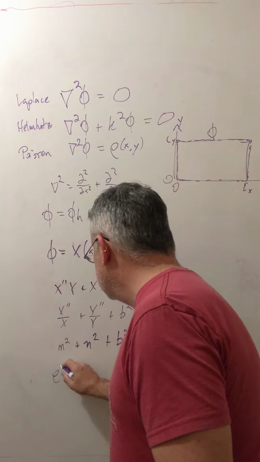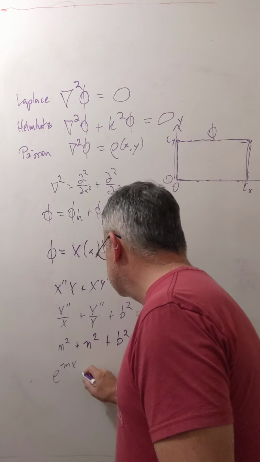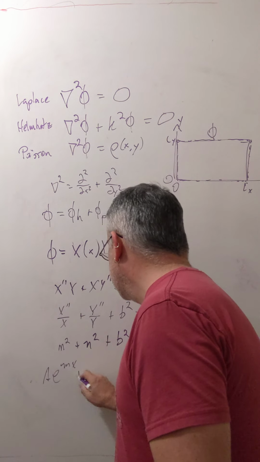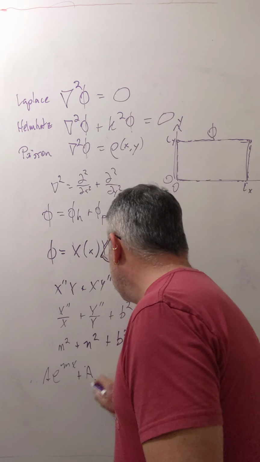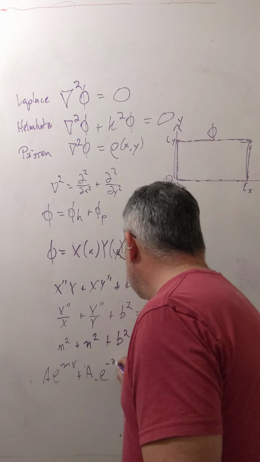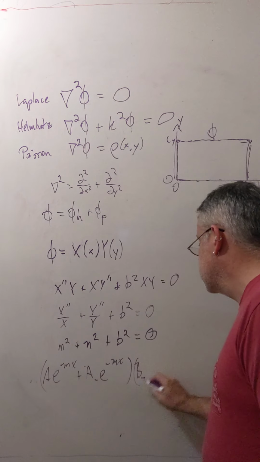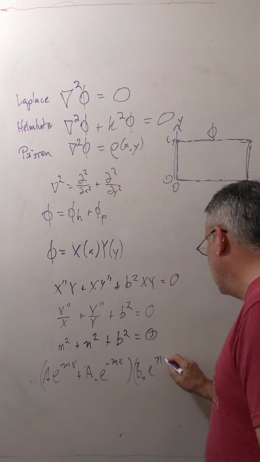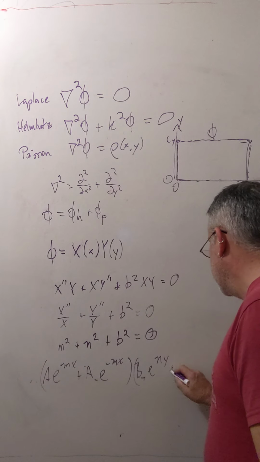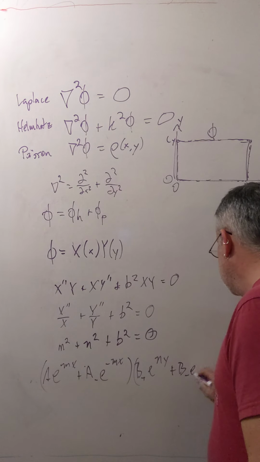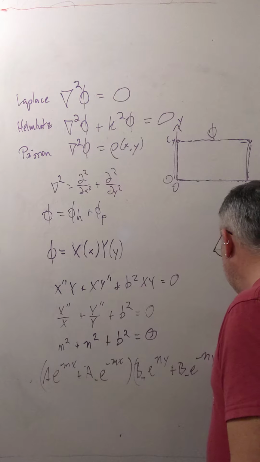So we would have a solution that looks an awful lot like the solution to the Laplace equation: e to the mx times a plus plus a minus e to the minus mx, multiplied by b plus e to the ny plus b minus e to the minus ny.